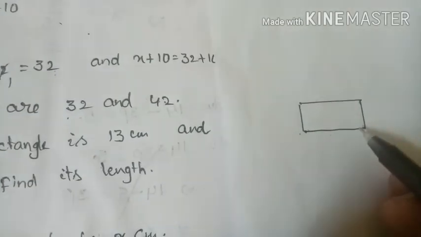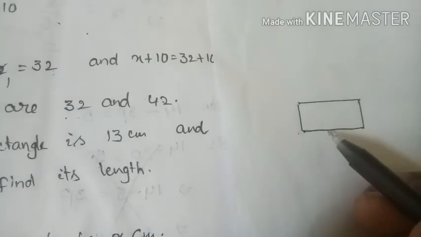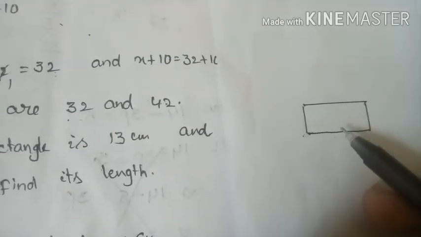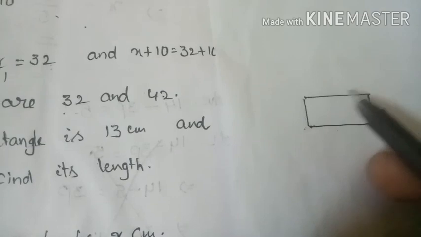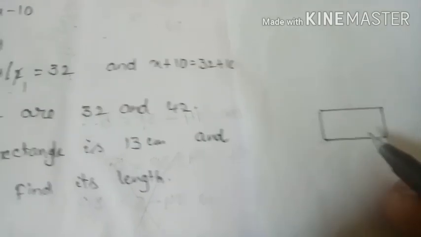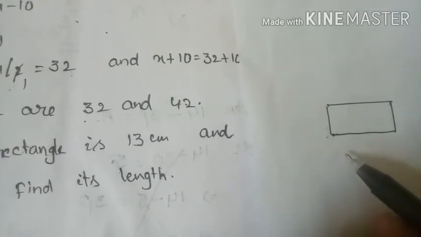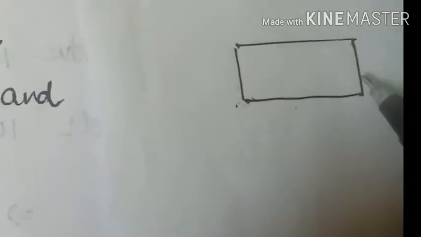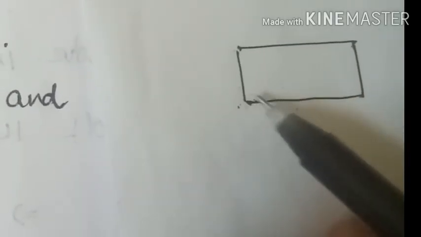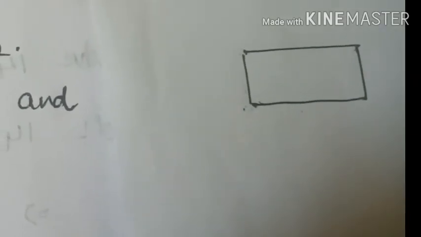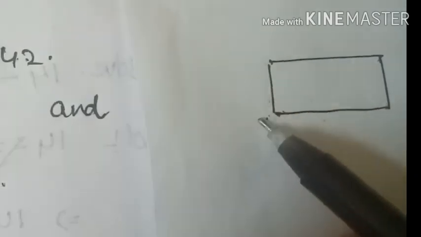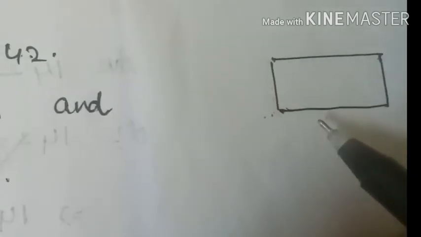This is a rectangular shape, which means opposite sides are equal. First of all, what is the perimeter? Perimeter means the continuous line forming the boundary of a closed figure.